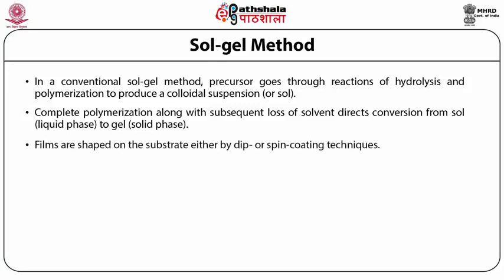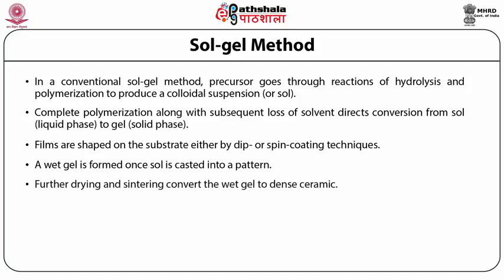Films are shaped on the substrate either by dip or spin coating techniques. A wet gel is formed once the sol is cast into a pattern.